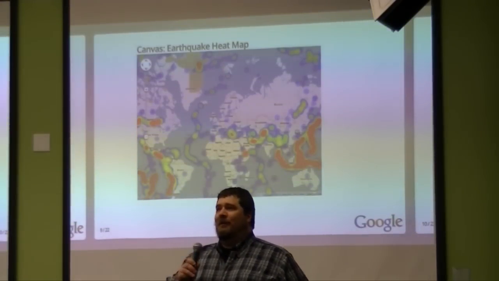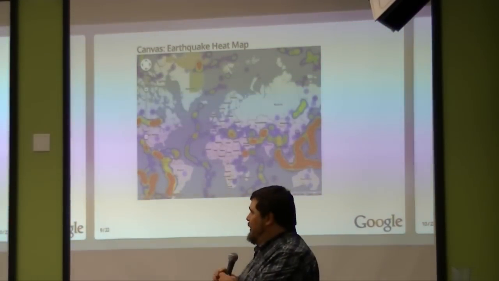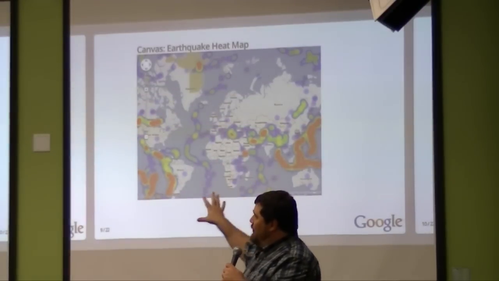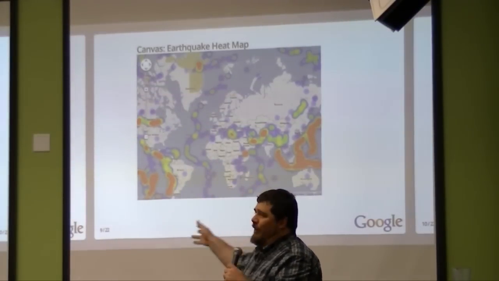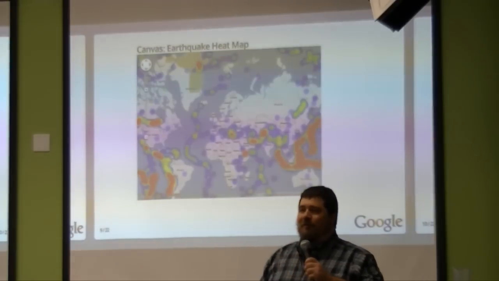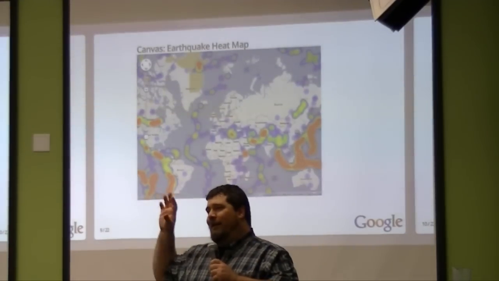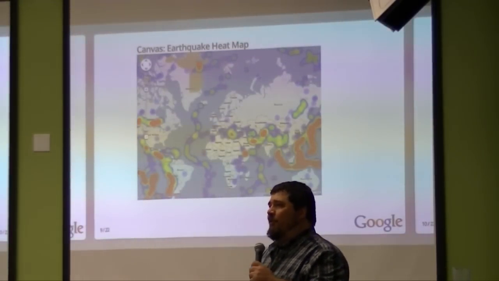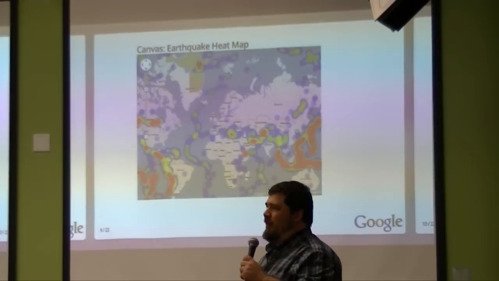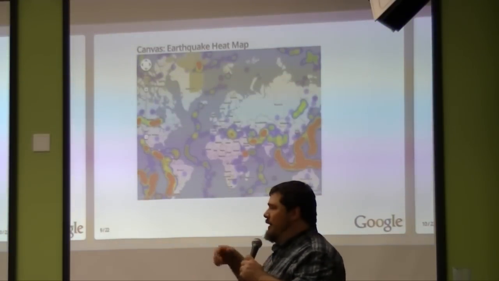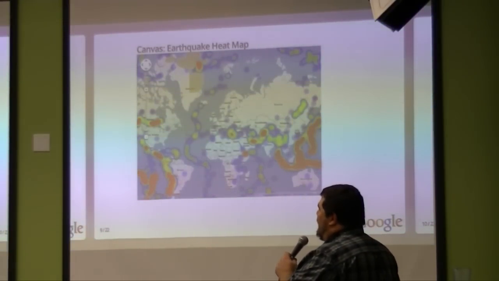What I'm showing you here is a screenshot of 5,000 earthquakes of magnitude 4.5 or greater, rendered as a heat map on top of Google Maps. It's an open library called HeatmapJS. I'll have a link at the end of the slides.